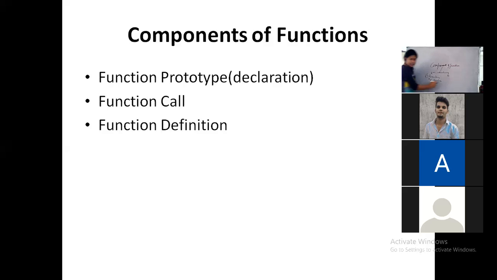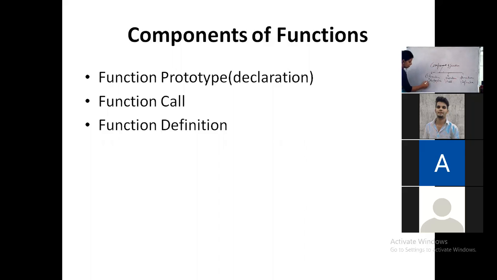Second step is the function call. And third is the function definition. Remember this. Whenever you want to write any program, you have to follow these three steps: function declaration, function call, and function definition. In each program, you have to implement these steps.